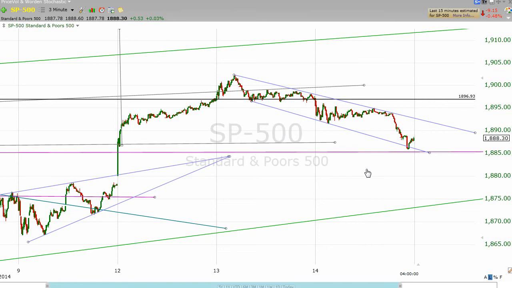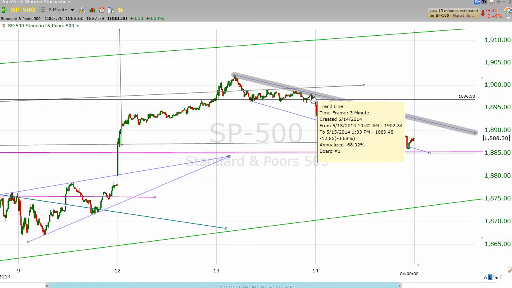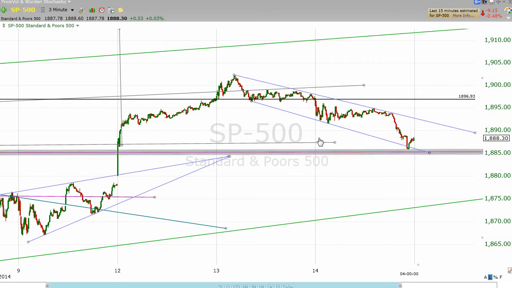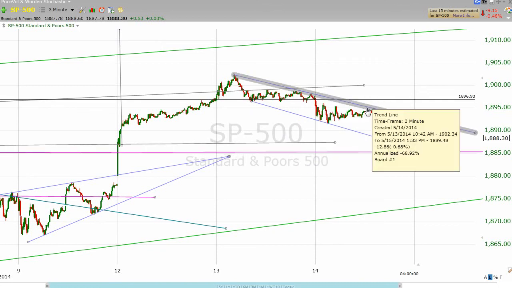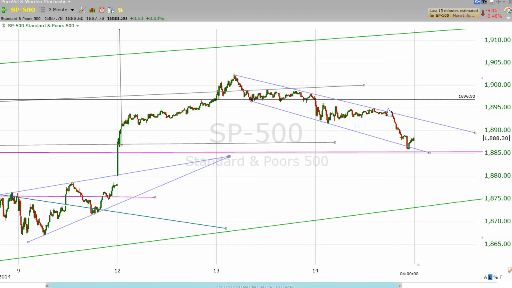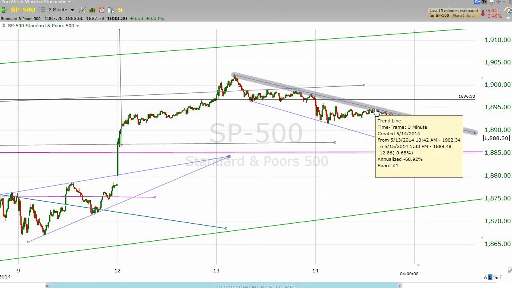If we look at the little ones that we had just today, we had 1, 2, 3 after lunch. We had one, I'm going to call this a touch right here, and then at the end of the day. So I think this is a legitimate line of resistance.